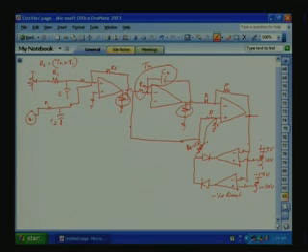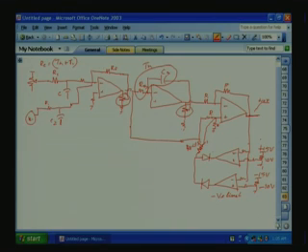In that case, we can ground this one. So, what happens? Let us see this output. It goes more than 10 volts. More than 10 volts means this negative input is more than this value.